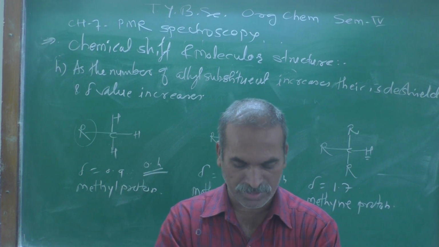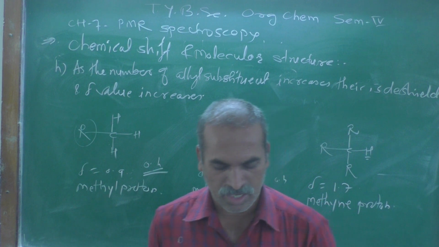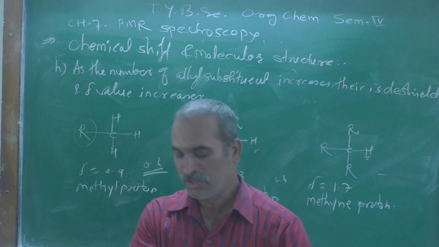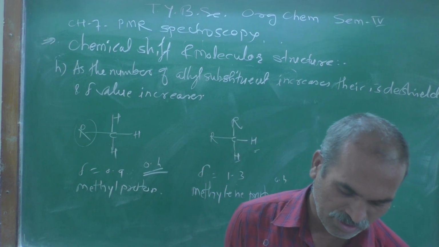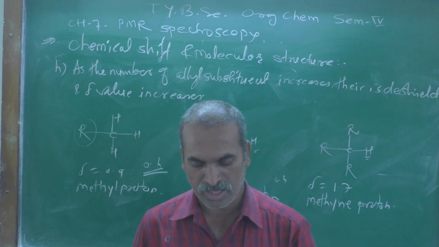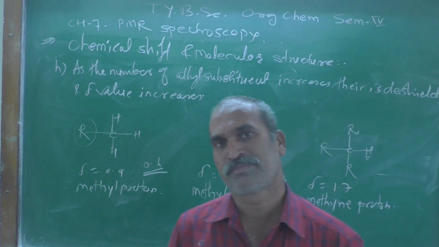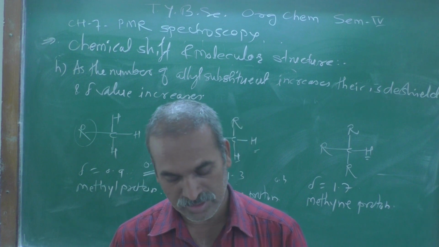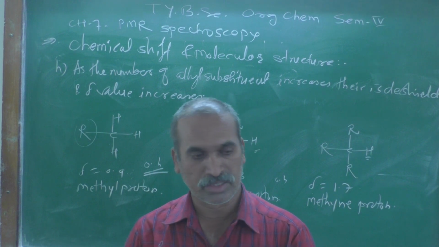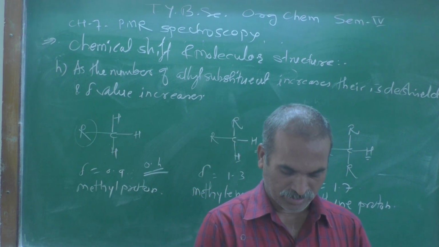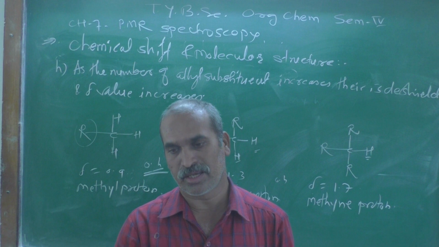Table 7.3 gives the characteristic delta values for protons in different chemical environments, the approximate chemical shifts for some protons. I think that table is somewhat bigger, so we will discuss that table in the next lecture.